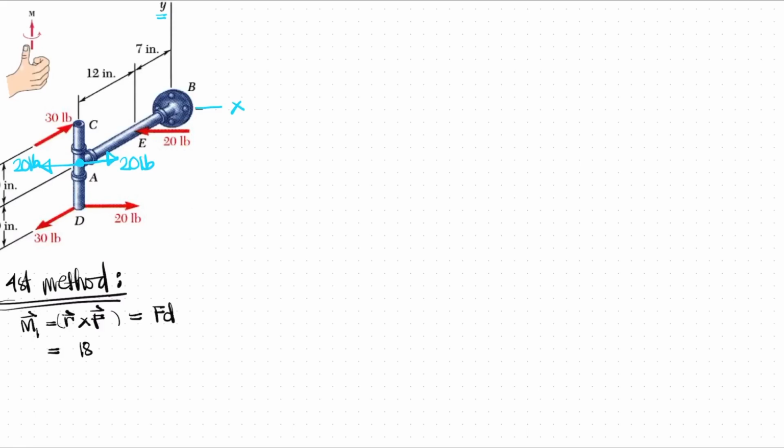So the force is 30 pounds times 18 inches. But let's look at the sign.